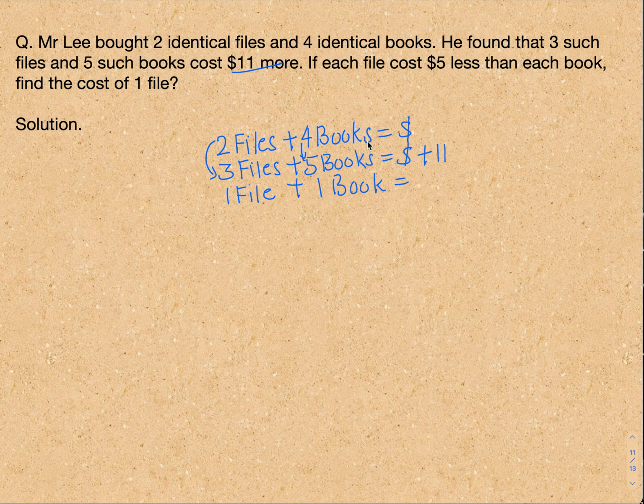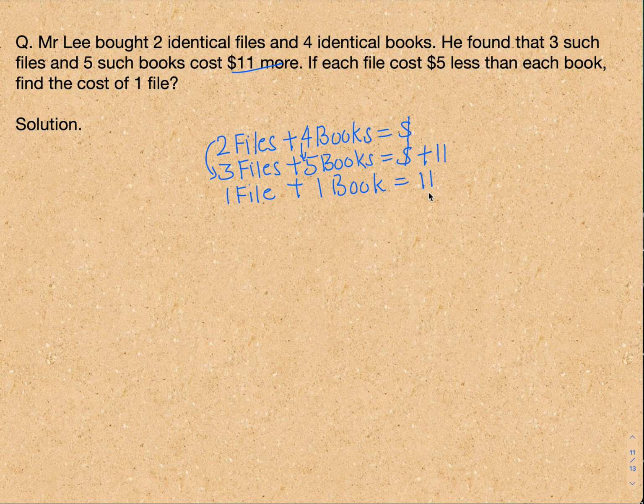And then what's the change here? For 2 files and 4 books, the cost was some dollar value, and for 3 files and 5 books it is that dollar value plus 11. So what's the change? It's $11, right? So what do we see? That if he would have bought 1 extra file and 1 extra book, he would need to pay $11 more. What does this mean? It means that the cost of 1 file and 1 book is $11.